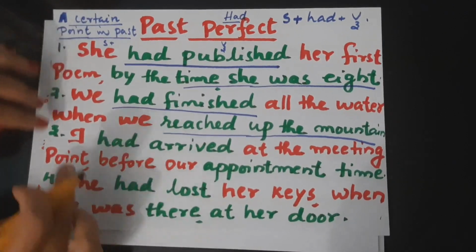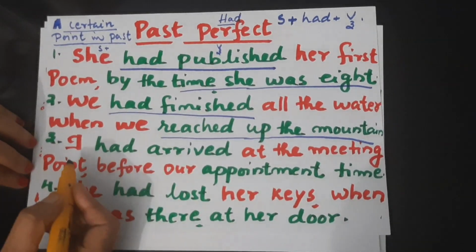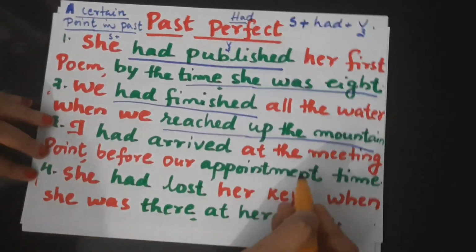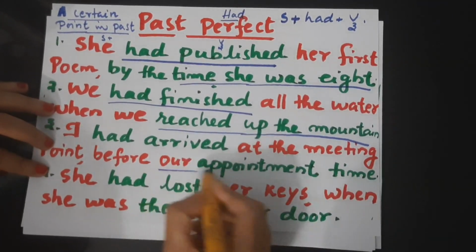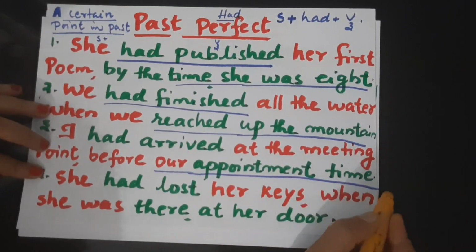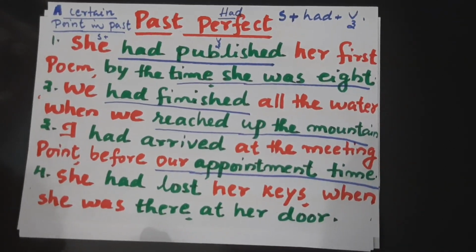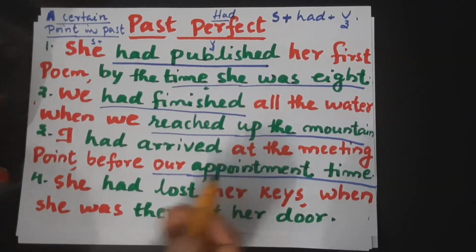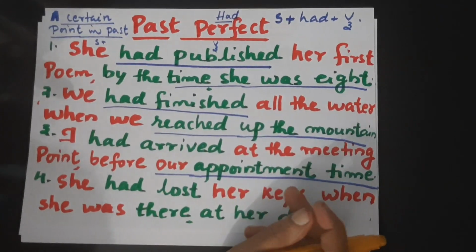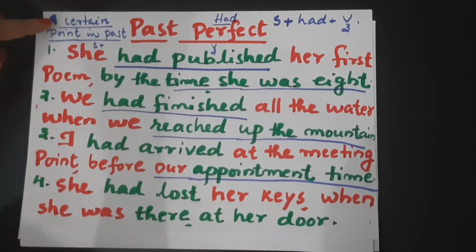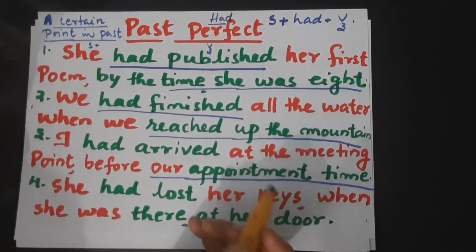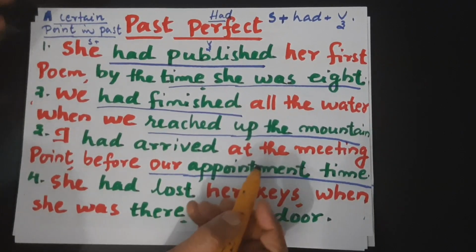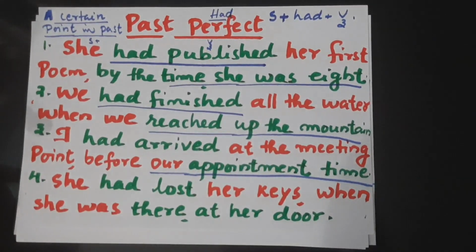Come to this example. I had arrived at the meeting point before our appointment time. Our appointment time is a certain point in the past. So before that particular point in the past itself, we had completed another action.